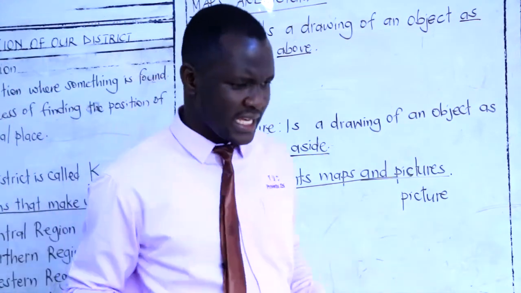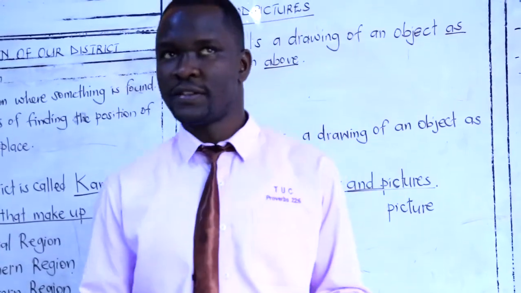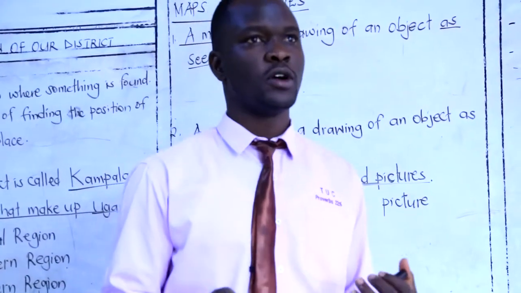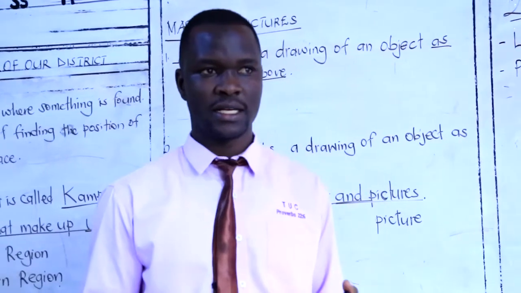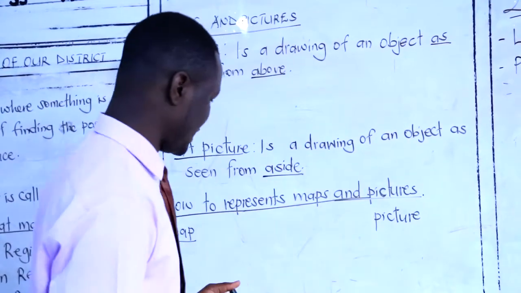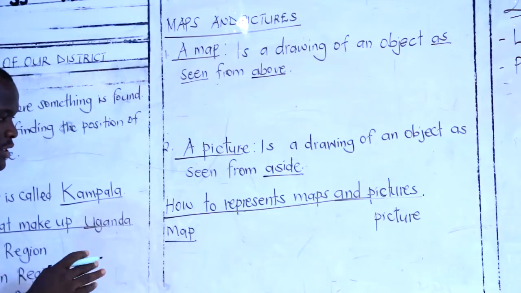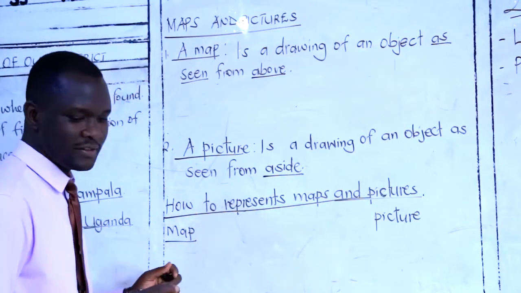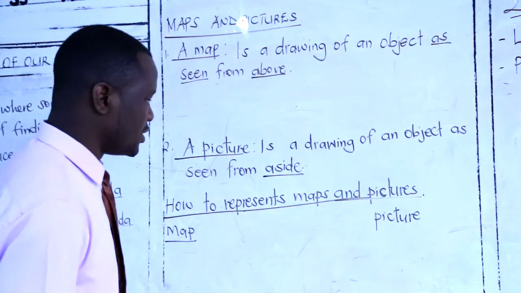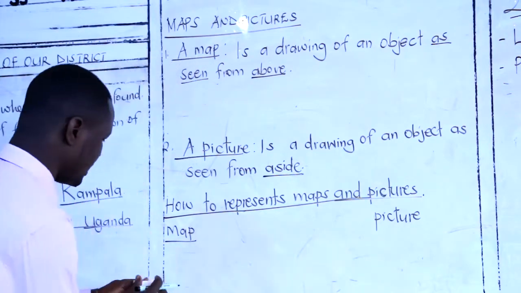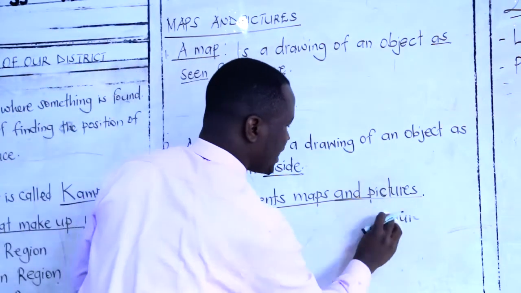If we could get any examples, for example, we can draw a picture of a table. Fine, let's begin with that one. If we are asked to draw a table, you see picture, meaning the way it's seen from a side. Let's begin from picture this way, then we have the map this side.